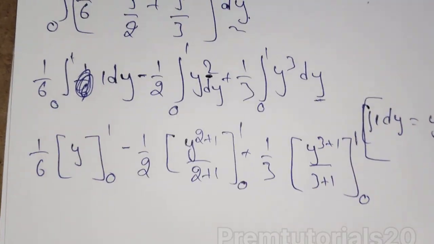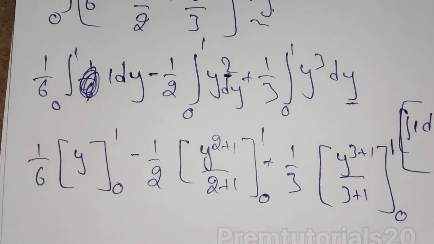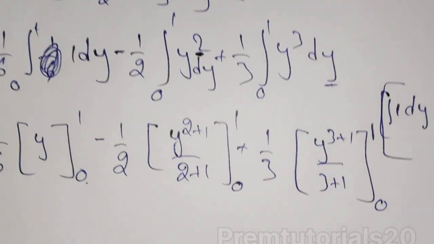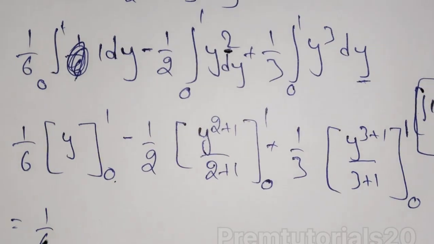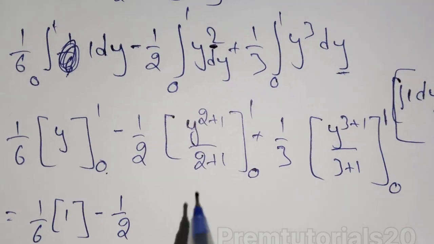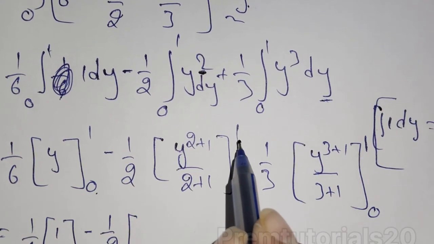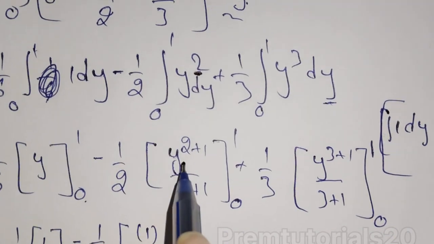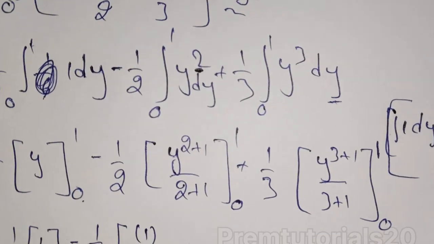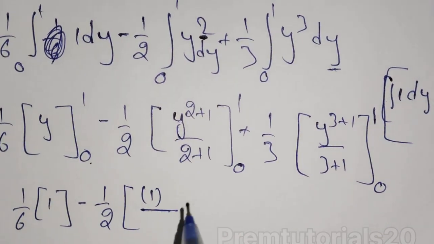Now after solving, these are the main values that come. Now it's time to substitute the lower boundaries and upper boundaries. So what is the upper boundary here? 1. That means 1 to the power of 3 plus 1, it becomes 1. 1 by 1 by 2 plus 1 means 3.